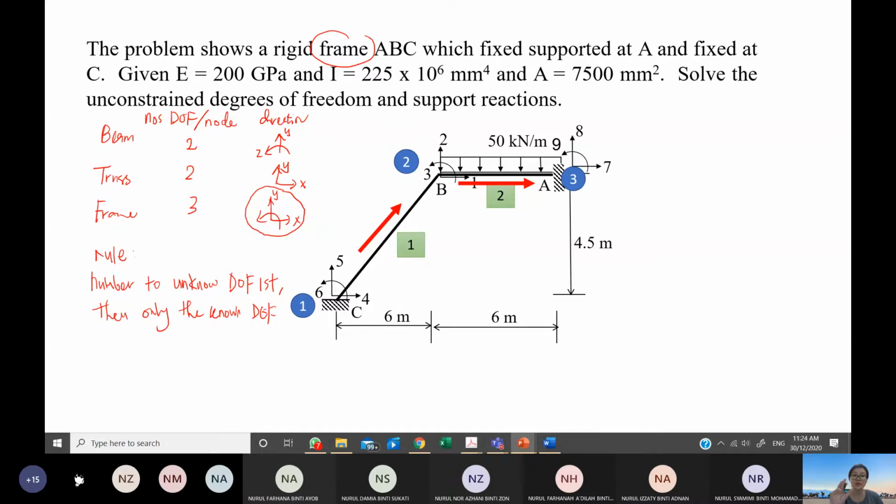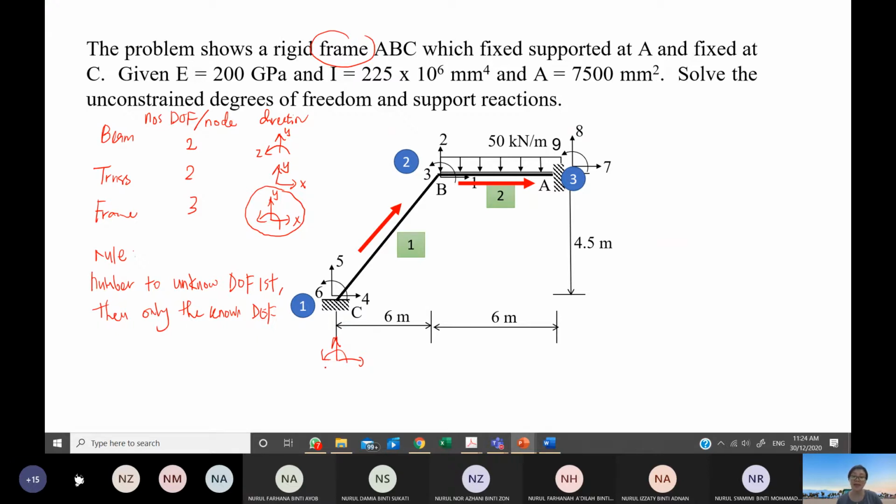So for us to be able to number this DOF, my advice is to identify first where the known values of the displacement are. The known value of the displacement is always associated with your support reaction. If you go to the support, see this frame, at C, for a fixed support, the support reactions you can find are CX, CY, and also MC.